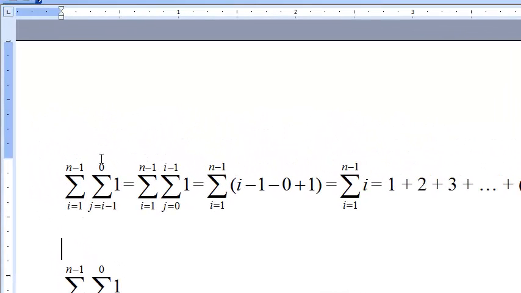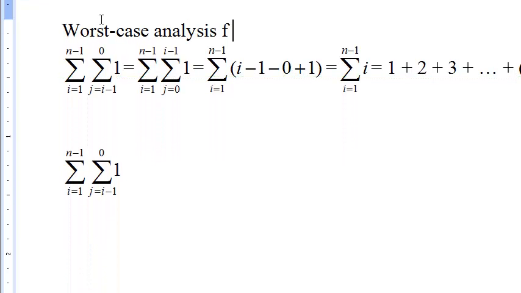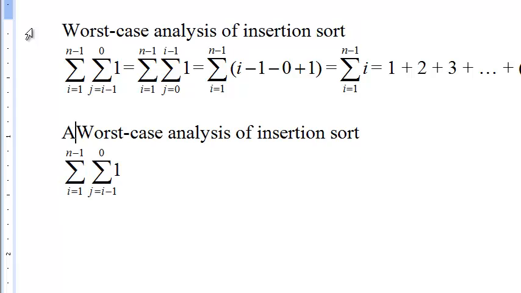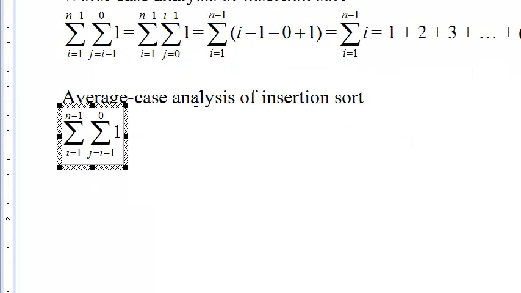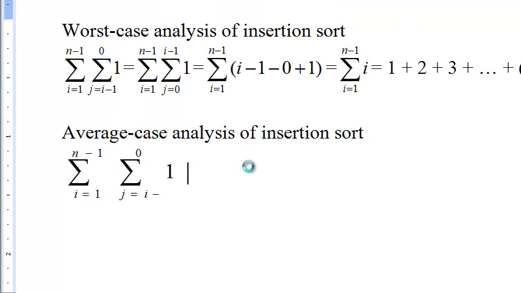So this is for the worst case, and this is going to be for the average case. This is running from i minus 1 over 2 to i minus 1.